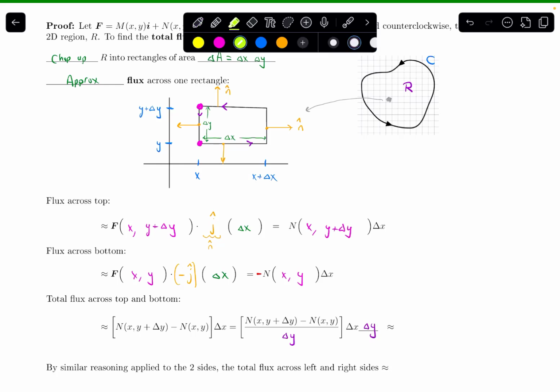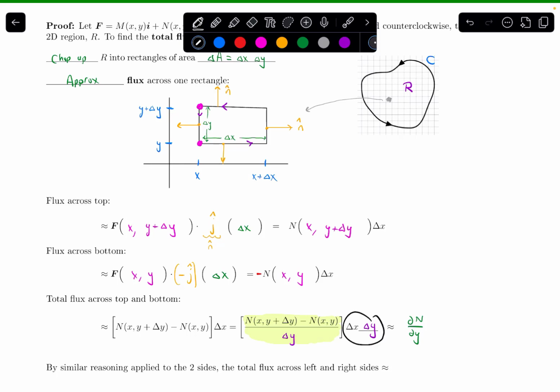And once I've done that, now this fraction is almost a derivative. It's almost a partial derivative. So I'm going to say it's approximately equal to, and because it's the y coordinate that's changing, the partial of the function n with respect to y.